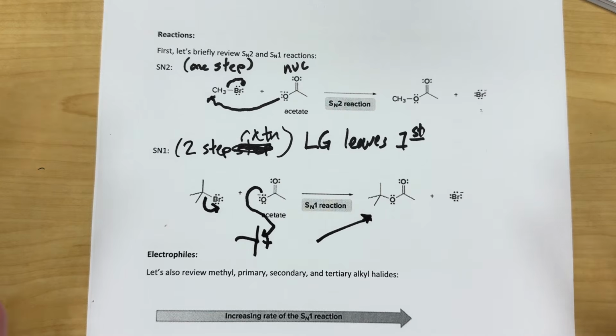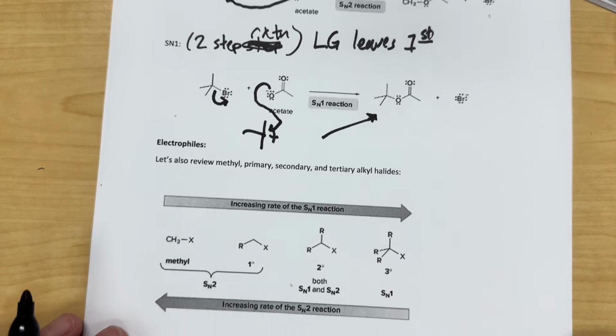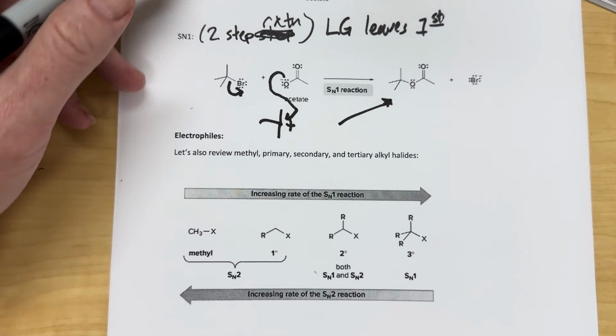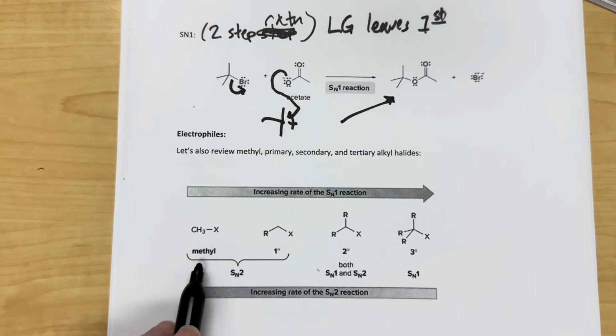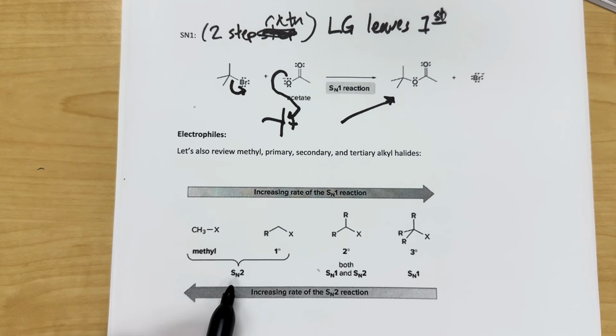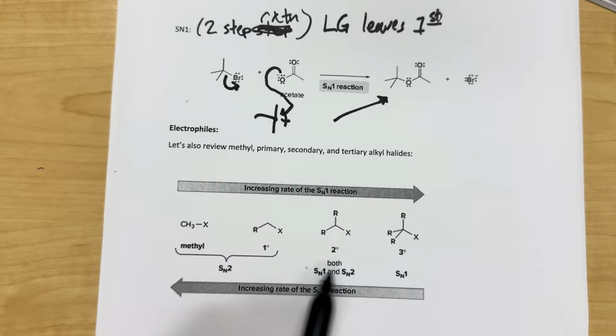So how do you know when you have an alkyl halide or something with a leaving group, which one's going to occur? Well, there's a variety of factors, and we're going to go through those factors. The first factor is the electrophile itself, that would be what I've been calling the substrate. So if it's a methyl or if it's a primary, it's pretty much going to go via SN2. If it's a tertiary, it's going via SN1. But if it's a secondary, it can go either way.